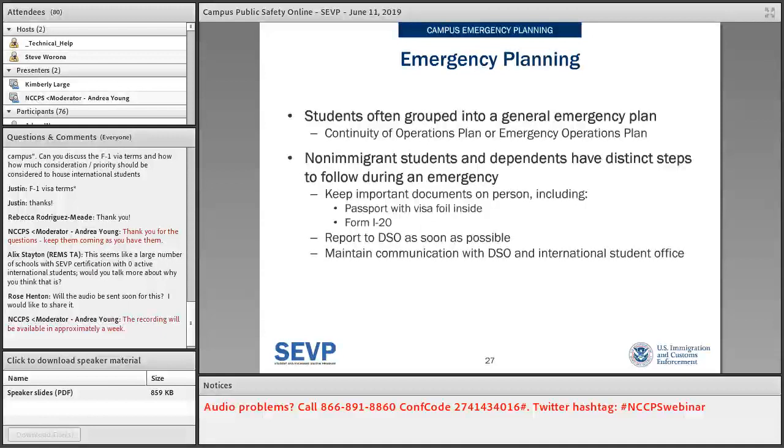I probably can't say that enough. It's really important that DSOs are in communication with SEVP during emergency situations, and they should keep accounts on their international students and make sure that they're all accounted for, whether it be a natural or man-made disaster.